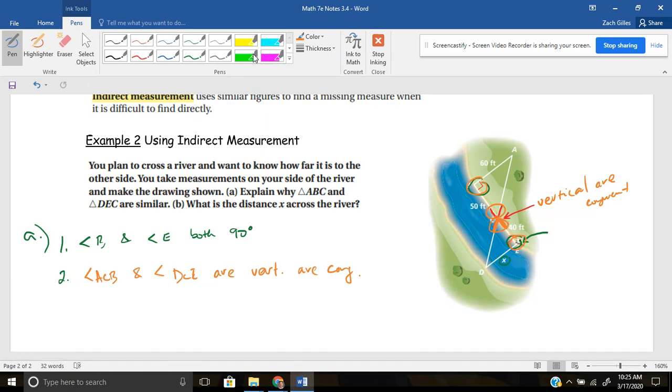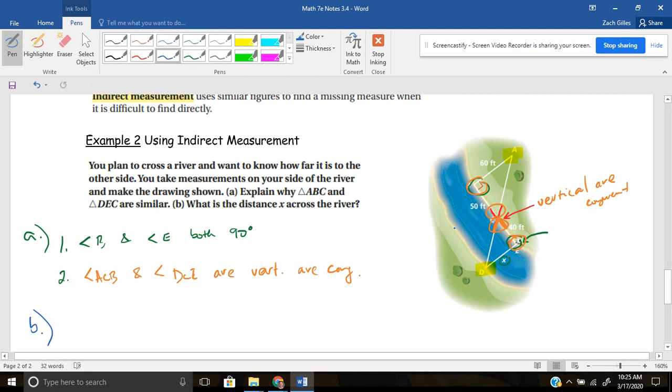When two angles are the same in a triangle, the third angles must also be the same because there's only 180 degrees. So they'd have the exact same amount left. All right, so that's how we can explain why we know they're similar. Now for letter B, it asks us to find the distance across the river. Well, we know that they're the same shape.